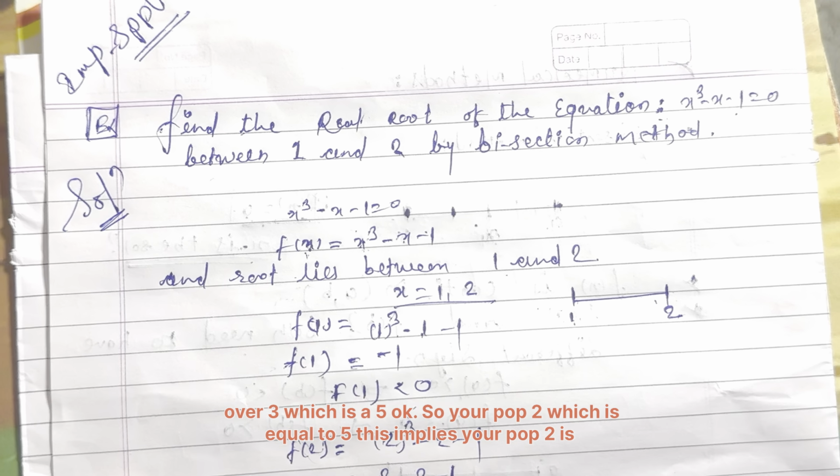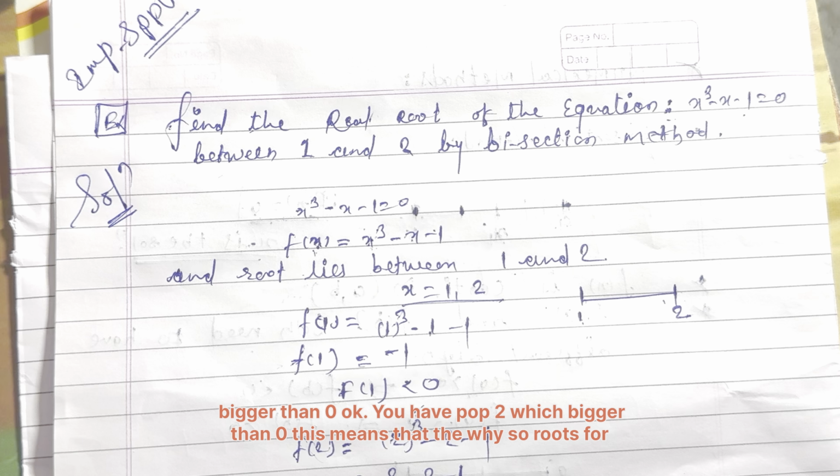So f of 2 equals 5, which implies f of 2 is bigger than 0.